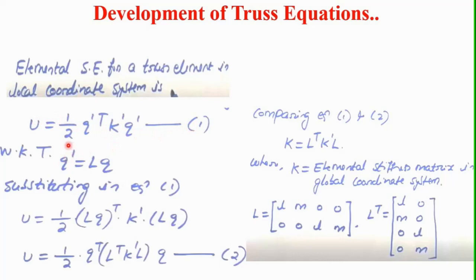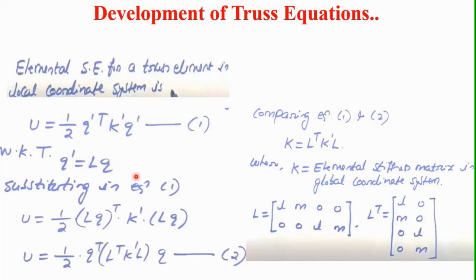Similarly, as we saw in the previous slide, Q1 dash is equal to L into Q. That means the transformation matrix L into Q gives the displacement matrix in the global coordinate system.